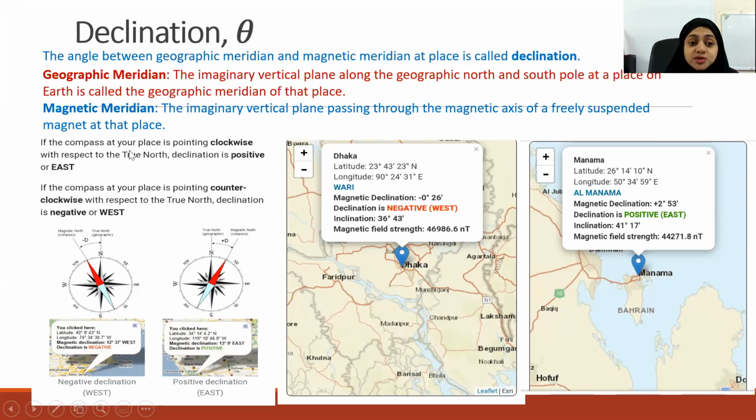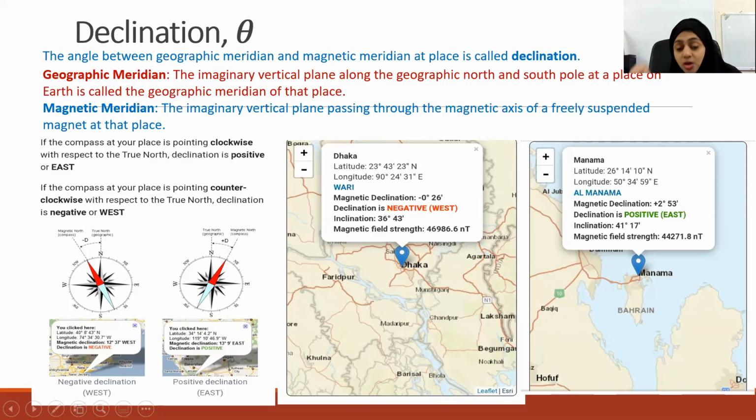If the compass at your place is pointing clockwise with respect to the true north, the declination is positive or towards east. If the magnetic meridian is pointing towards east from the true north, we say that the declination is positive and towards east.